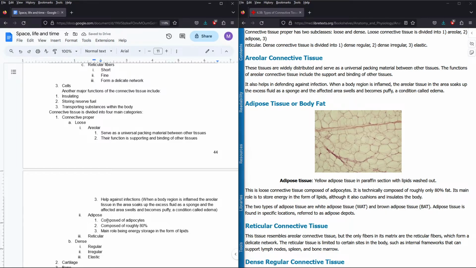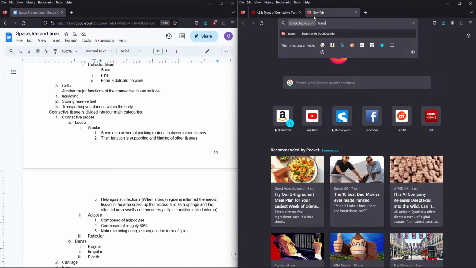The two types of adipose tissue are white adipose tissue and brown adipose tissue. Tissue is found specifically referred to as adipose depots. Let me just make sure it's adipose, because this is fantastic.